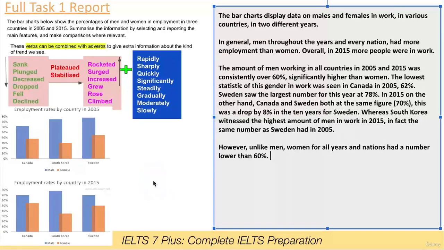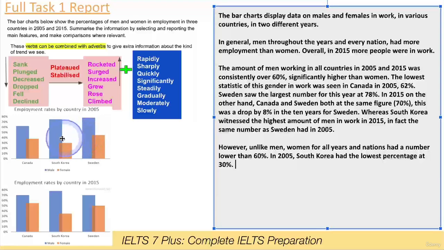Okay, let's dive into 2005. In 2005, we could talk about South Korea having the lowest. South Korea had the lowest percentage at 30%. Canada had about 38%.